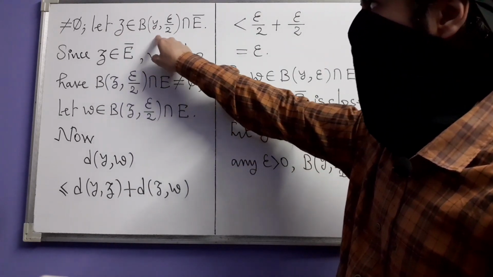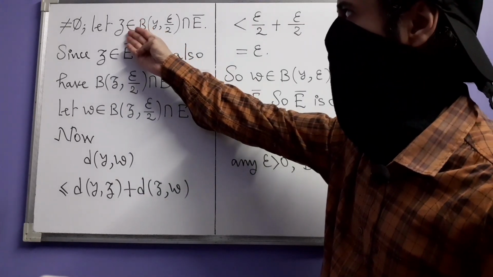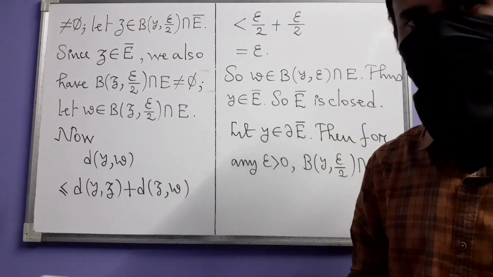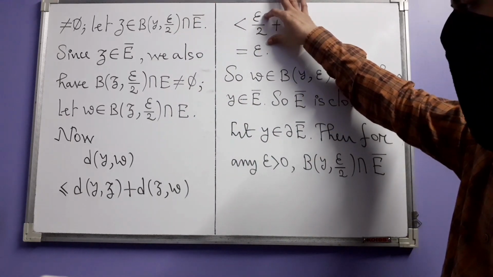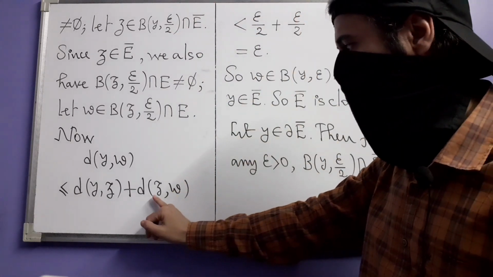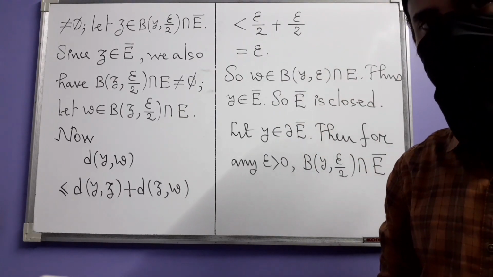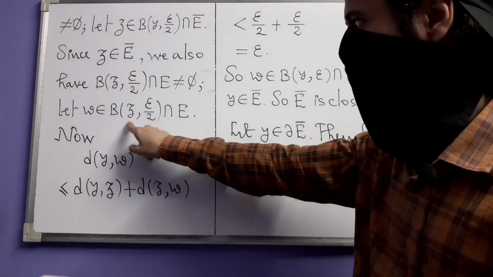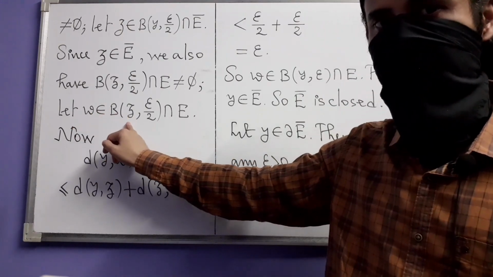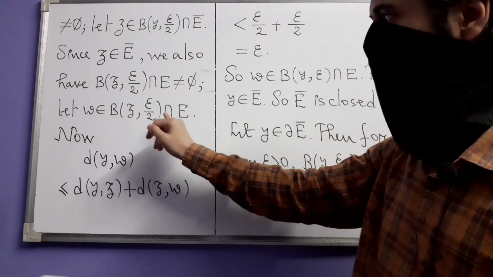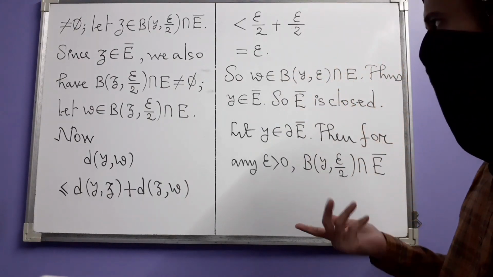Because Z belongs to this ball, by the definition of this ball, the distance between Z and the center of the ball, which is Y, is less than the radius, which is epsilon divided by 2. Just like that, the distance between Z and W is also less than epsilon divided by 2 because W belongs to this ball, so the distance between W and the center of this ball, which is Z, is less than the radius, which is epsilon divided by 2, and their sum is epsilon.